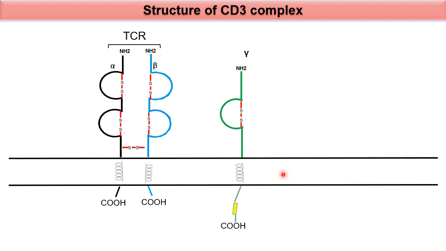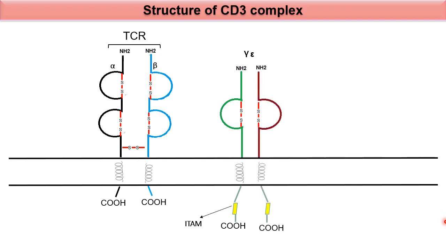The transmembrane region is followed by a cytoplasmic tail of about 44 to 81 amino acid residues. This is the cytoplasmic region. The cytoplasmic tail of this gamma chain contains one motif called the ITAM, immunoreceptor tyrosine based activation motif, which plays a role in signal transduction.